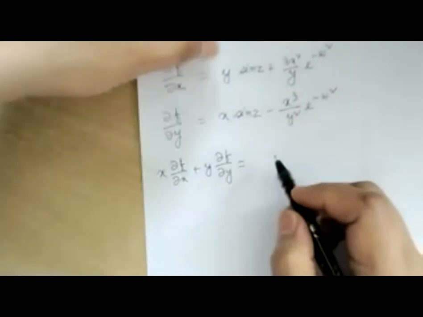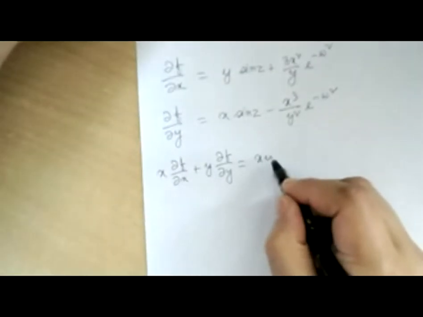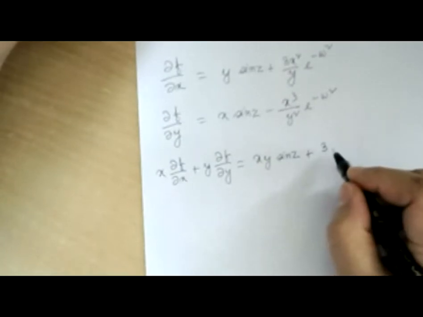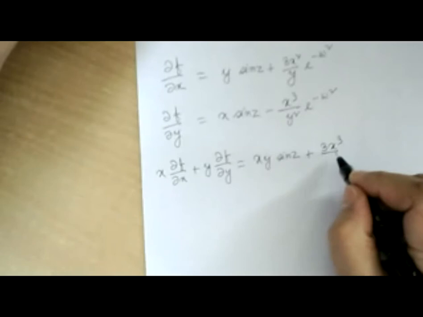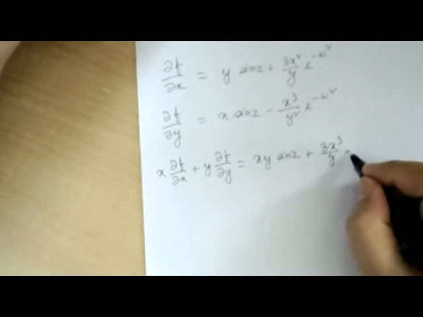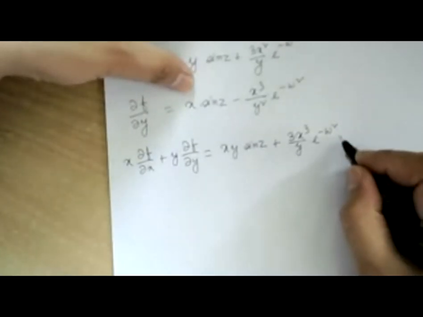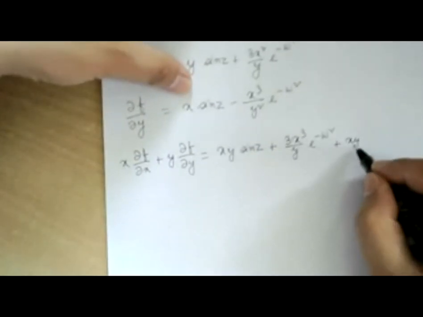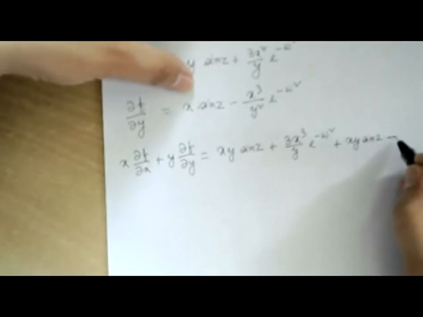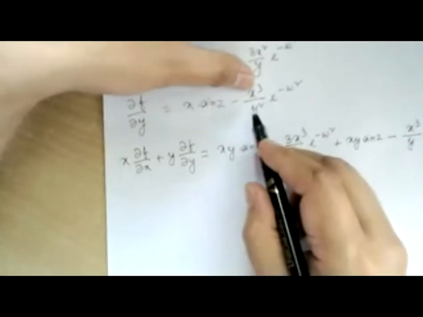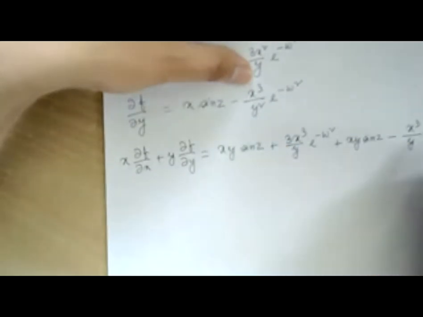This should be equal to, from this we get xy sin z plus 3x cubed by y e to the power minus w square, plus xy sin z minus x cubed by y square multiplied by y, e to the power minus w square.